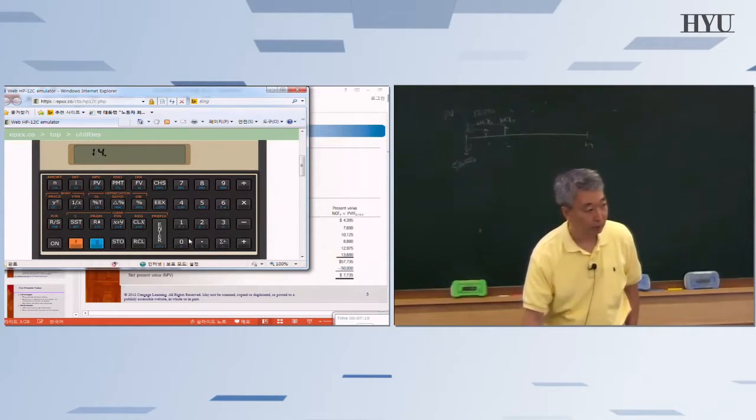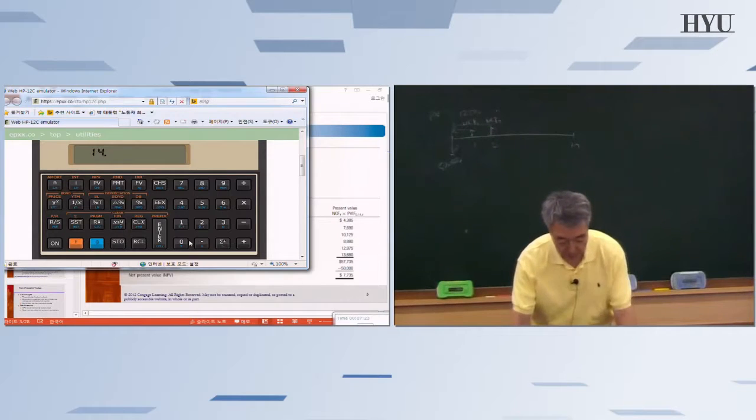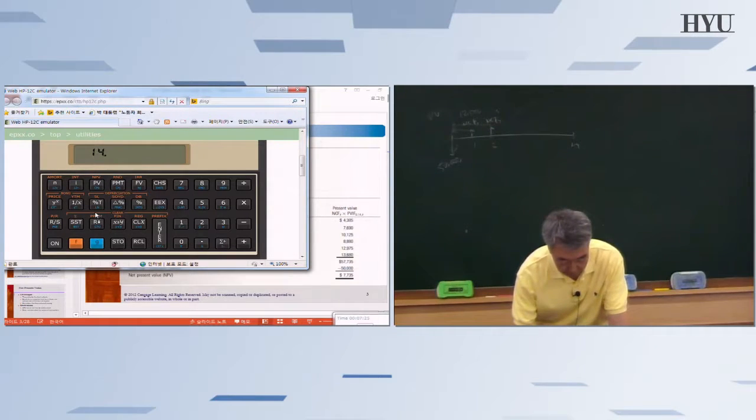Make sure you enter 14 instead of 0.14, 14%. And the I stands for interest rate. And then you're ready. So just use the NPV key, that's the orange key. So click the yellow button and NPV.